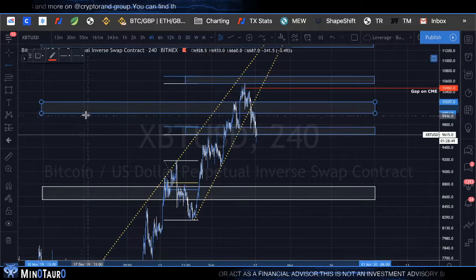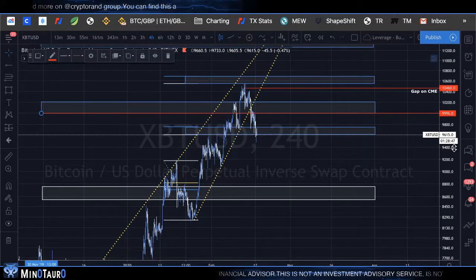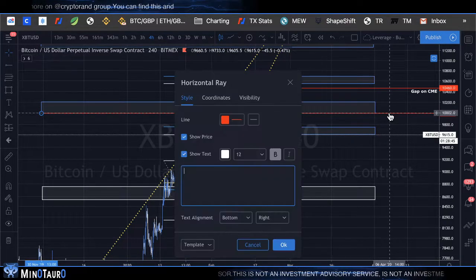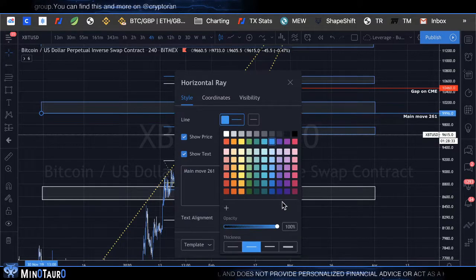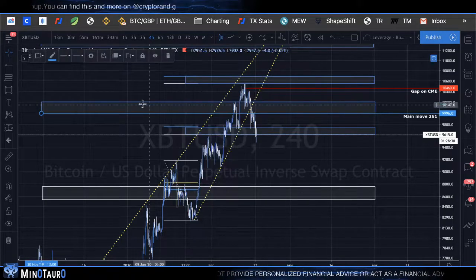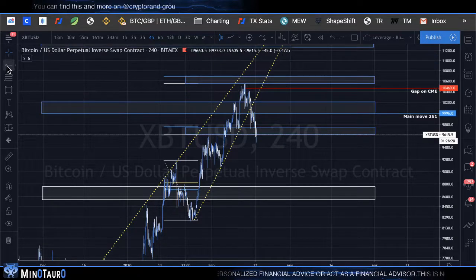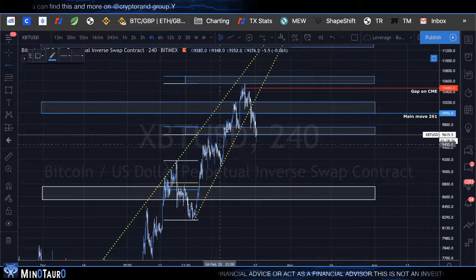So you're gonna see them like this, this is the 261 main move, 261, move 261, and this instead is different because this is measured from a different move.